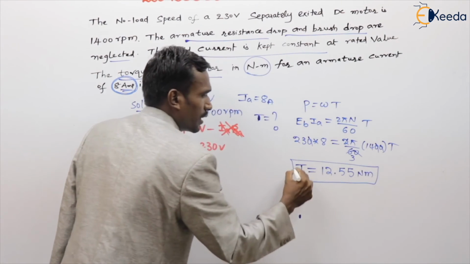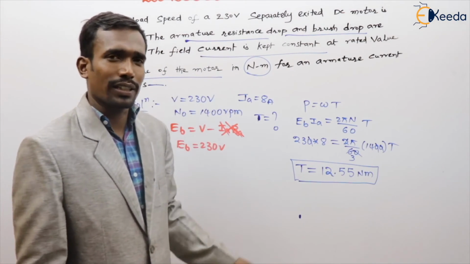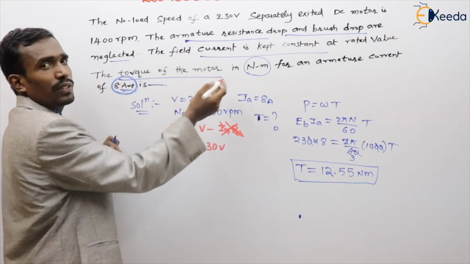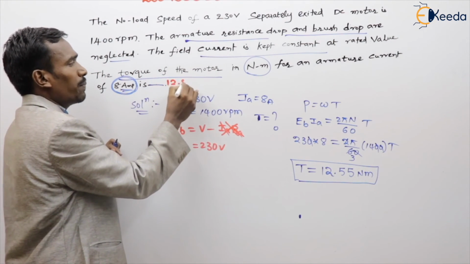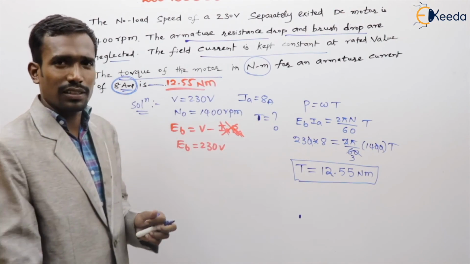So what is our answer here? The torque of the motor is 12.55 Newton meters. This is exactly the correct answer.